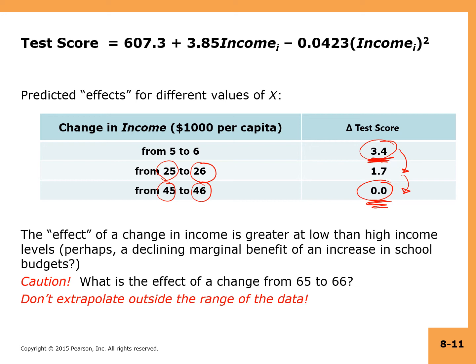One thing to caution is not to extrapolate outside of the range, meaning that if you have data points that are, say, 5,000 to 46,000, you cannot measure how much the test score is going to change if the district income increases from 65 to 66,000 because there's no district with the 65,000 per capita income. So I want to caution you not to extrapolate outside of the data set that you have.